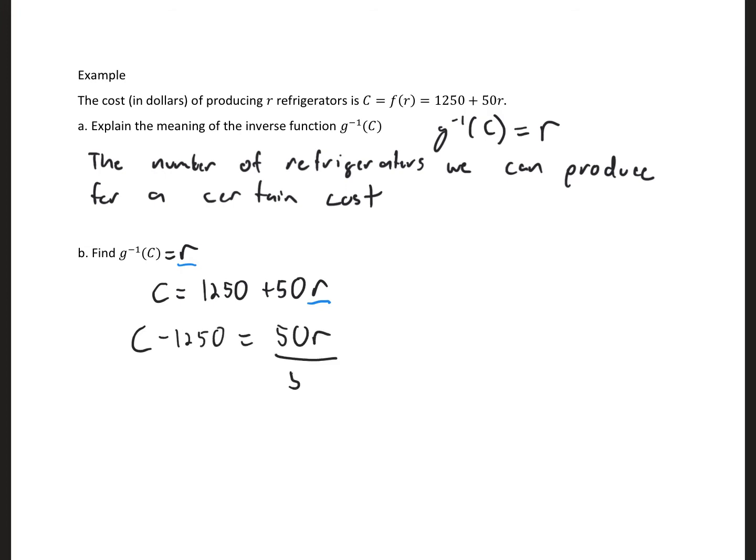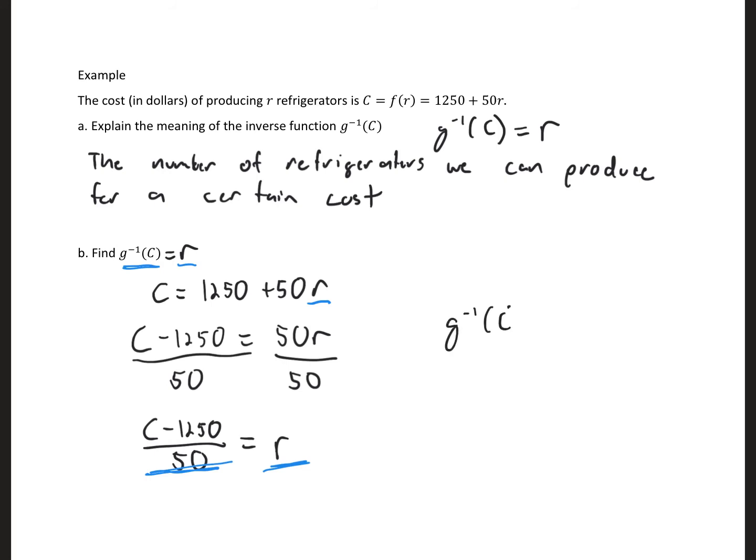And then divide everything by 50. So R equals C minus 1,250 over 50. Remember, R is the same thing as the inverse. So G inverse of C equals C minus 1,250 over 50.